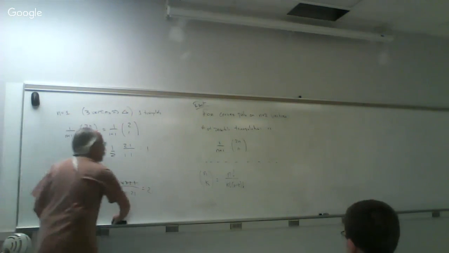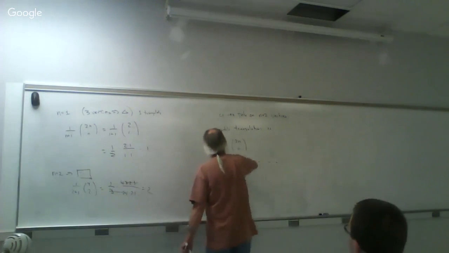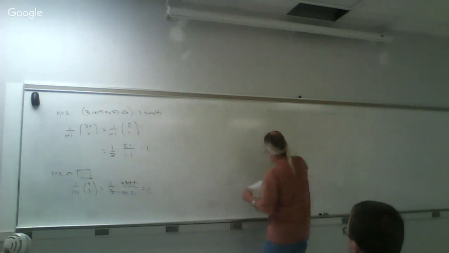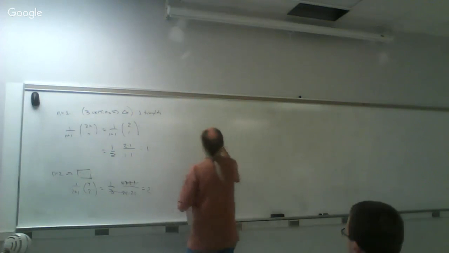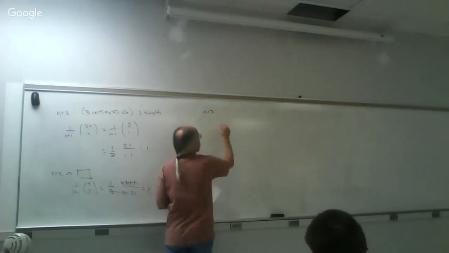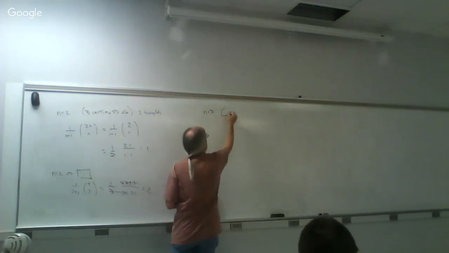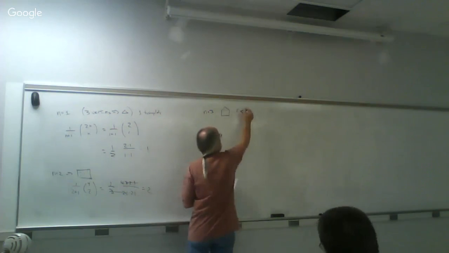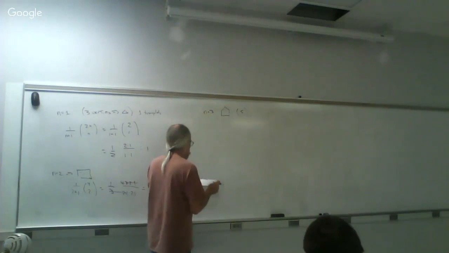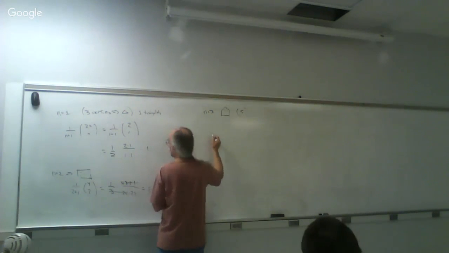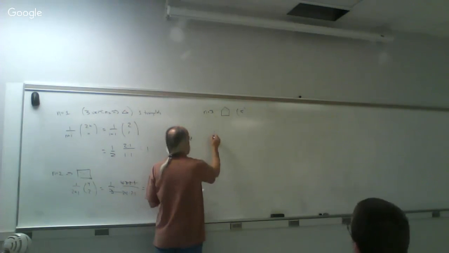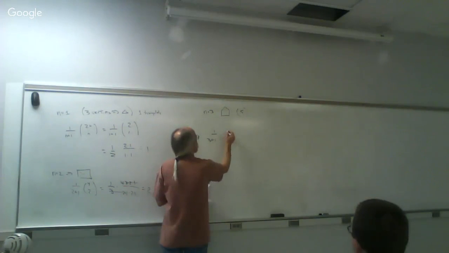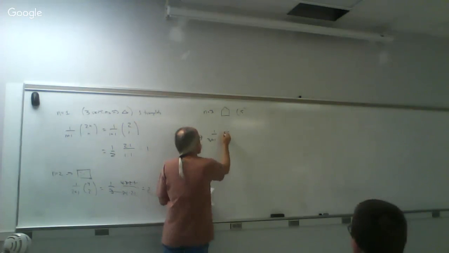I'm going to do one more. We do n equals 3. That's a pentagon, right? And we know that there's 5 as a result that we ought to get out of the deal. So 1 over n plus 1, that's going to be 1 over 3 plus 1. The chooser is going to be 6 choose 3.